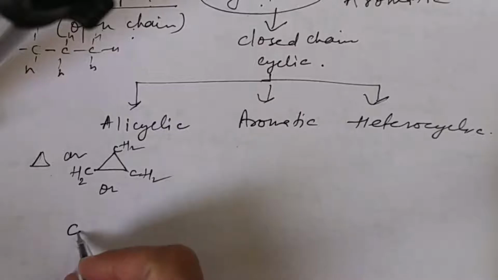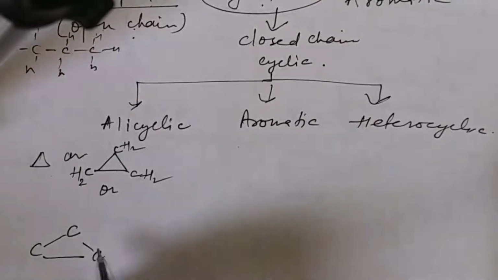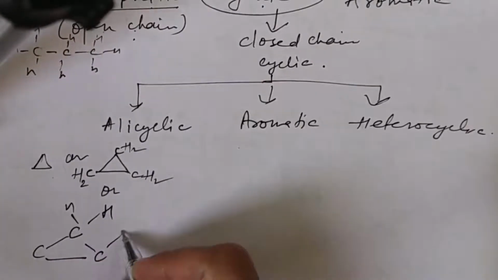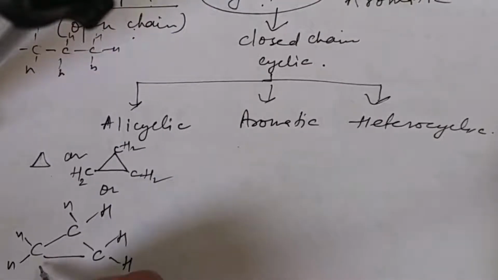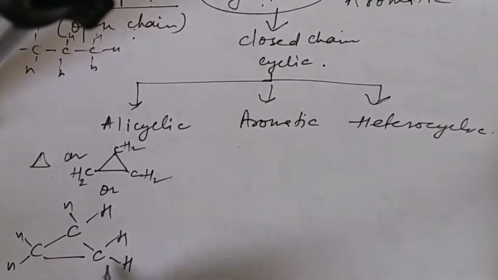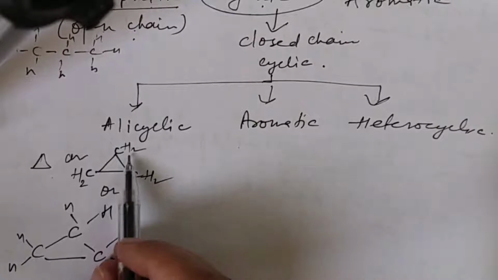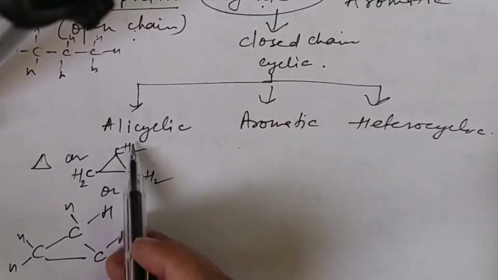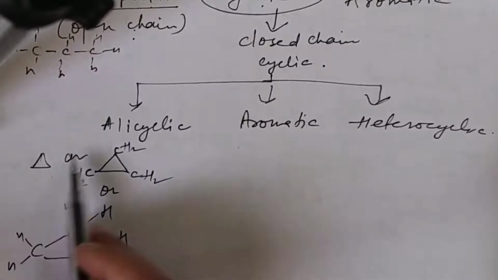In the covalent bond diagram, all the four covalent bonds of carbon can be shown here. So this is the structural formula, this is the condensed formula in which you are not representing the bonds between carbon and hydrogen, and this is the bond line representation of alicyclic compounds.